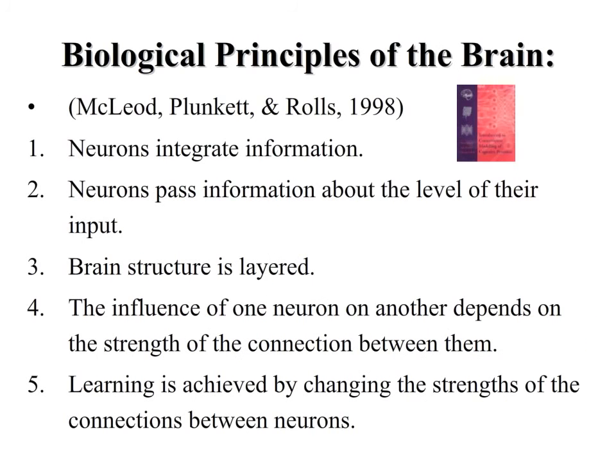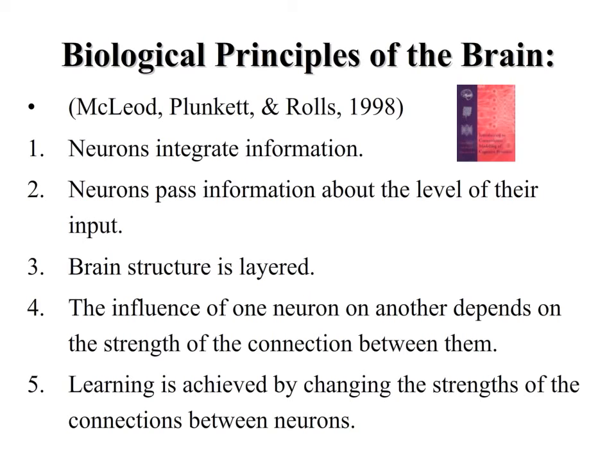McLeod, Plunkett and Rolls, 1998, in their book, An Introduction to Connectionist Modelling of Cognitive Processes, talk about 5 biological principles that they think are embodied in the connectionist approach to thinking about cognition. So for example, we know that neurons integrate information. They collect information from other neurons.